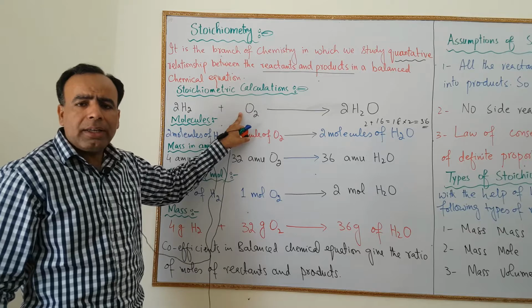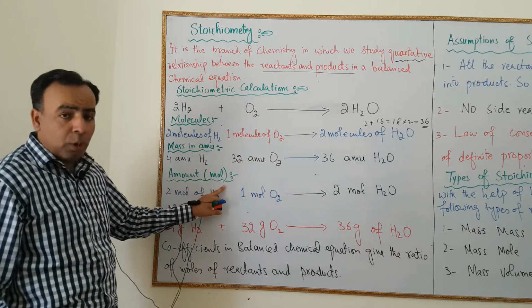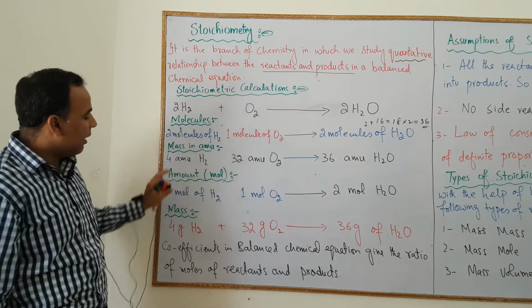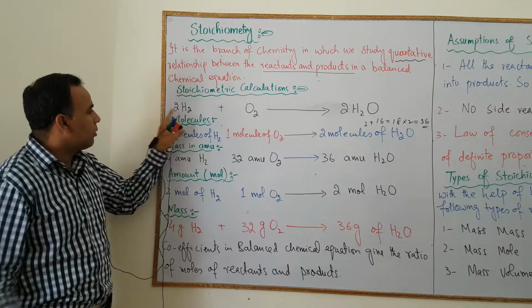This water is called the product, and hydrogen and oxygen are called reactants. Now if we calculate the amount in moles from this balanced chemical equation, you may see that there are 2 moles.